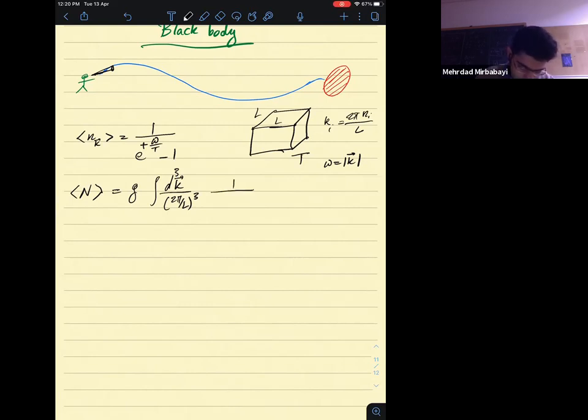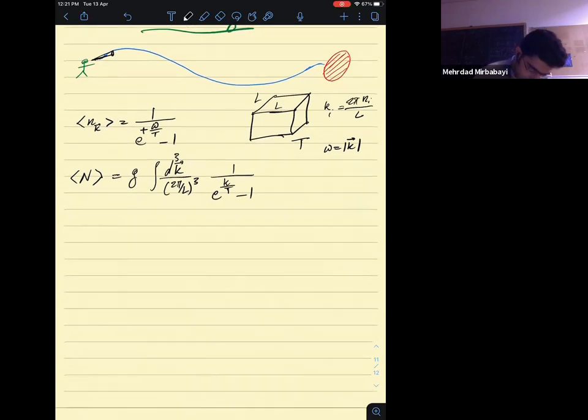Times 1 over e to the k over T, where this k is the magnitude of our vector k, minus 1. Let's also do some extra thing.